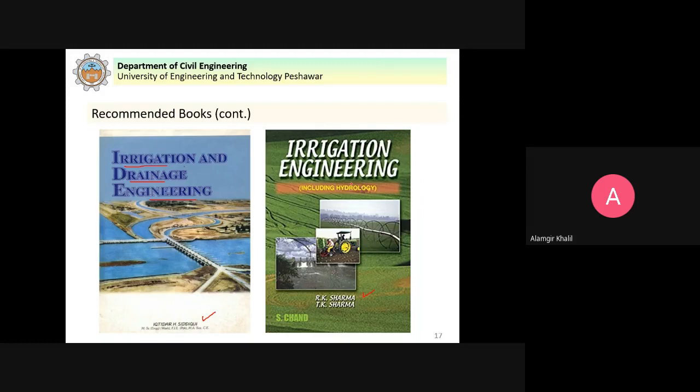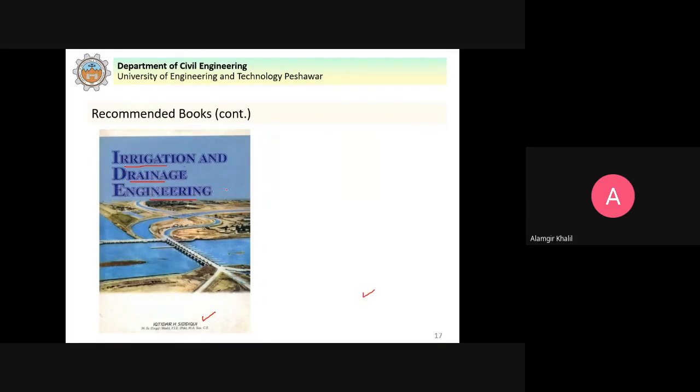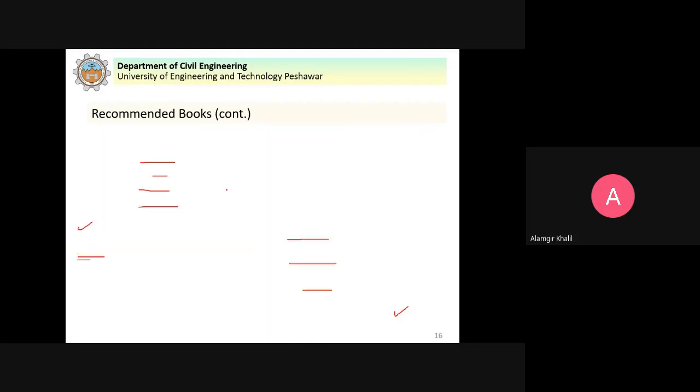So we can read those books to get an idea about the latest methods of irrigation. But for the irrigation system that we have in Pakistan, these books are more relevant and present relevant material.